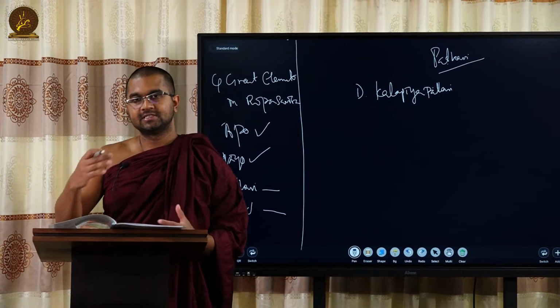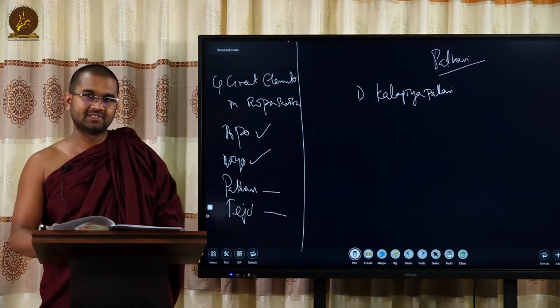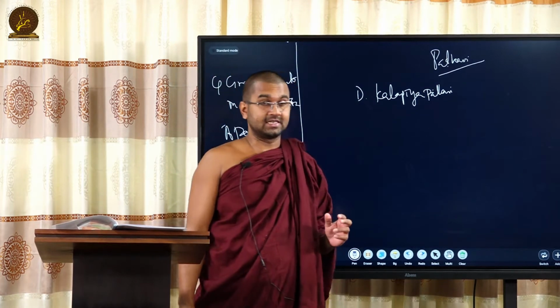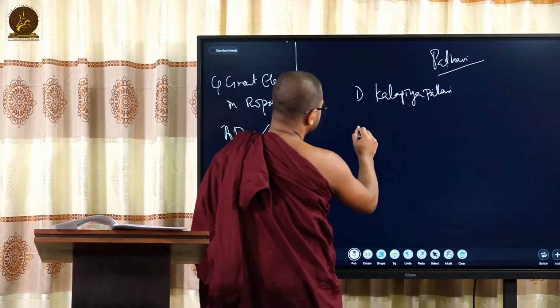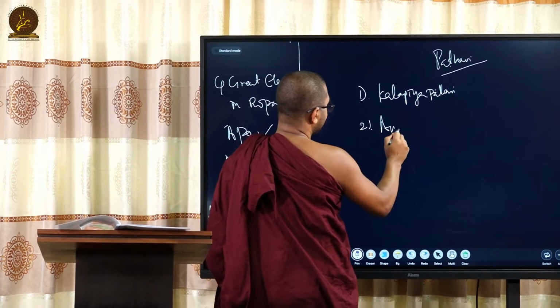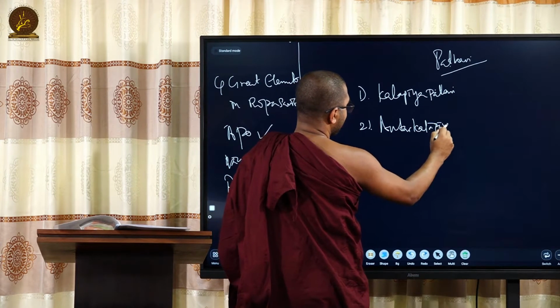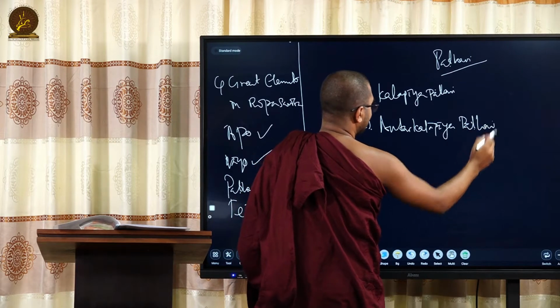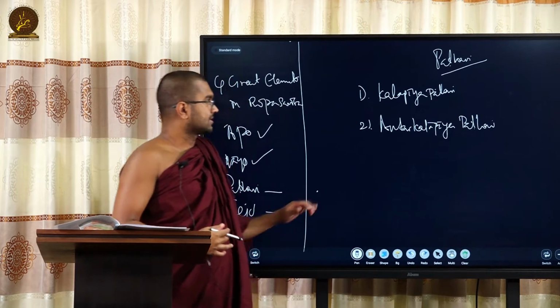The reason is it has a resistance for other substance to enter into its territory. So this quality we discussed as Patavi, the hardness. Then we have the Antarkalapiya Patavi. Antarkalapiya Patavi is the hardness that exists between the Kalapas.